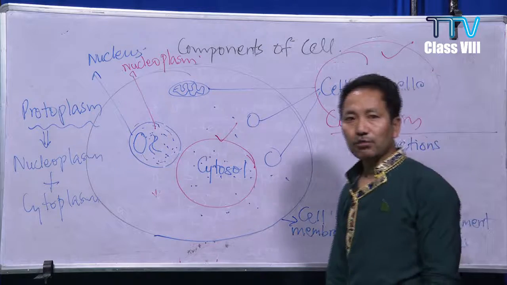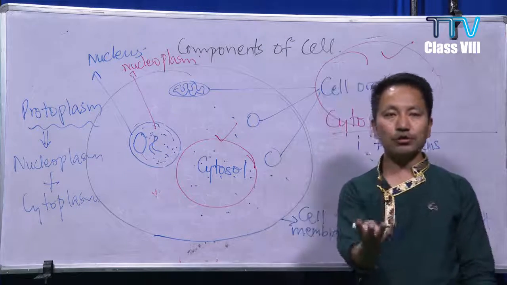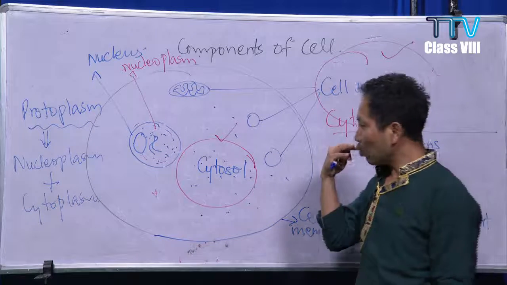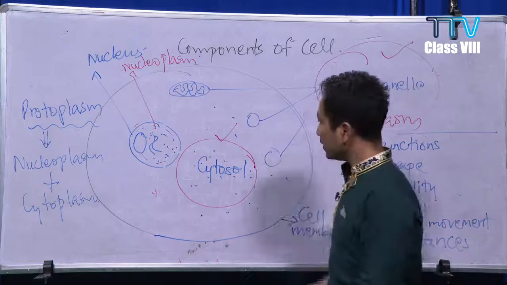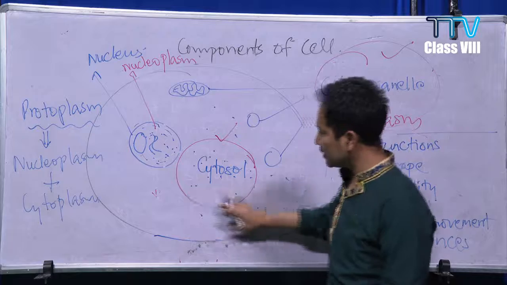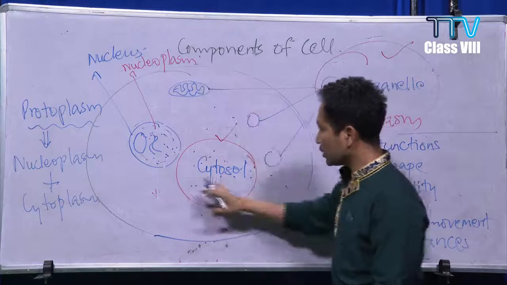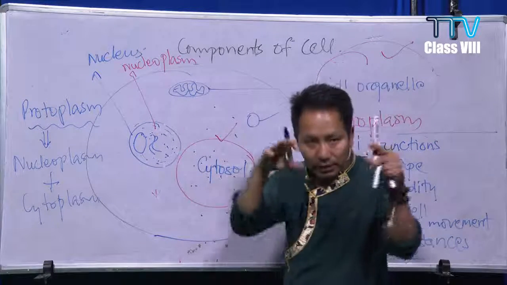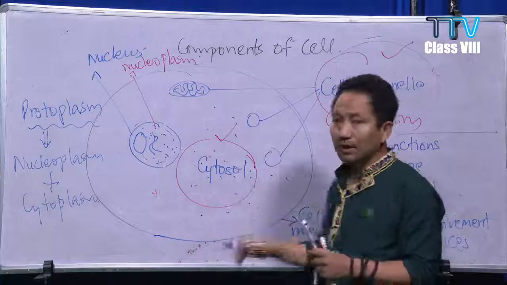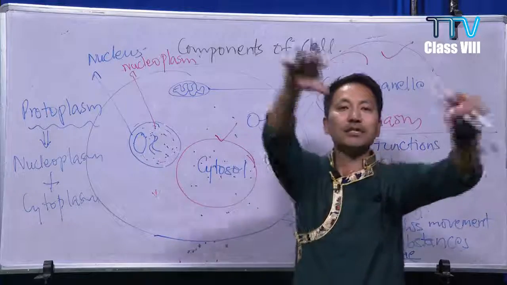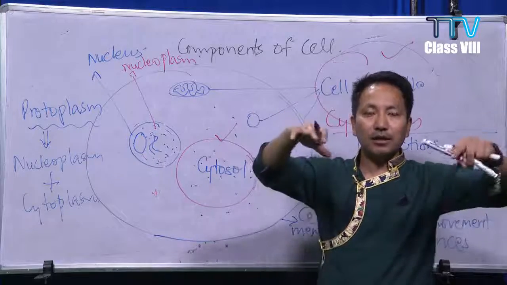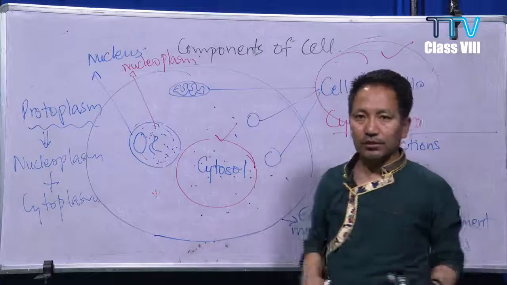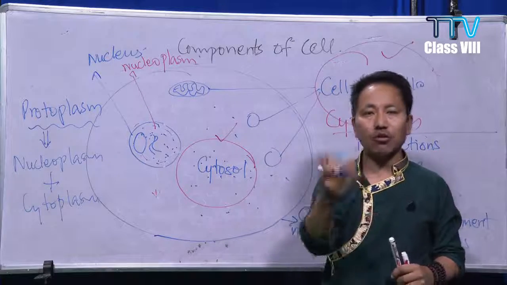Cytoplasm is the combination of cytosol and the cell organelle, and what does it do? It accommodates all the cell organelle.